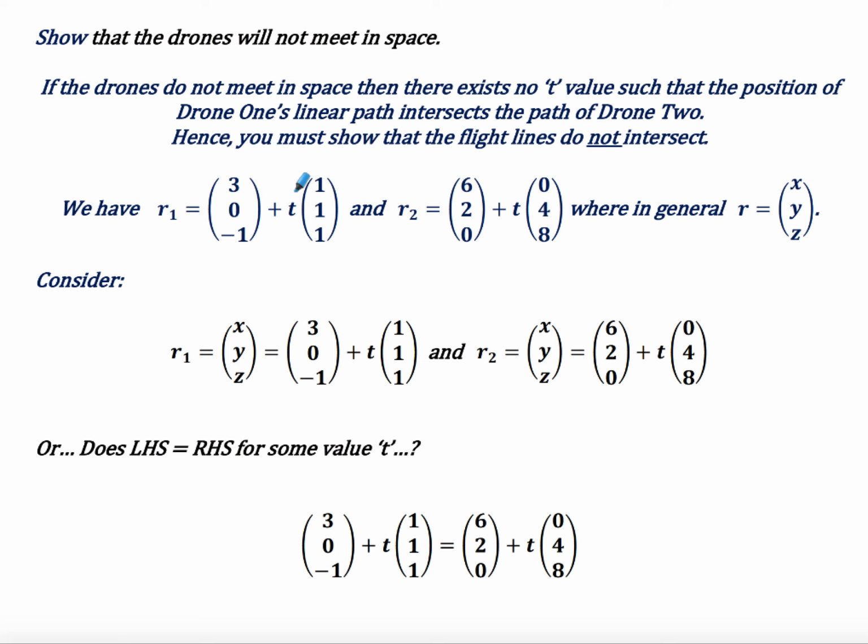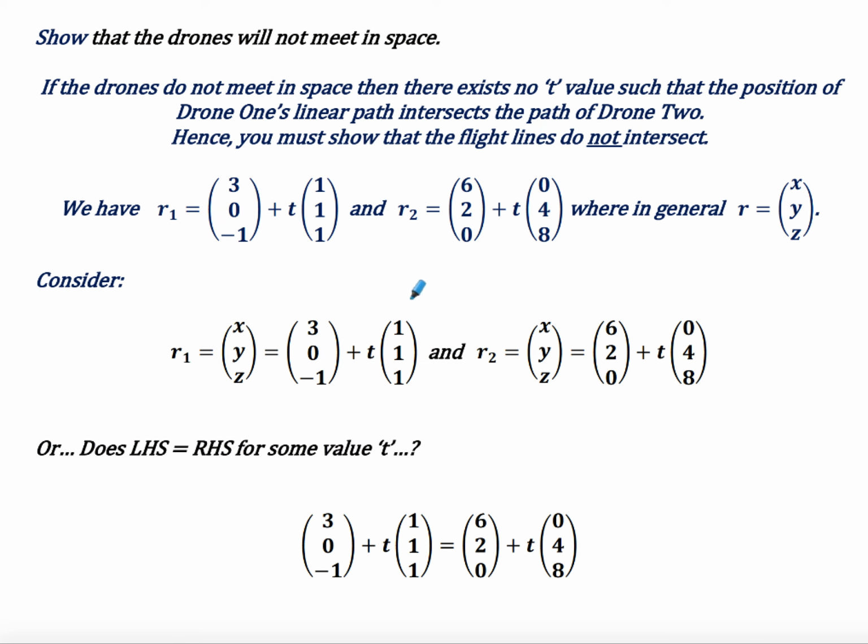So both of these now are a function of t because t has been defined to be time. So if the drones don't meet, then there exists no single t value such that the position of the one drone actually crosses or intersects with the other. So basically we're showing that these lines do not intersect.